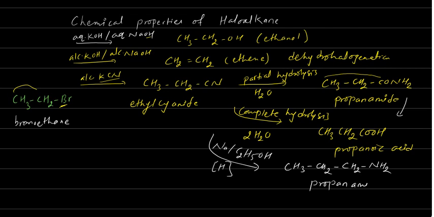So we can convert haloalkane to amine. Sorry, this is not amide, this is amine. Also, you can use another reducing agent like lithium aluminum hydride, then the product formed is also amine.